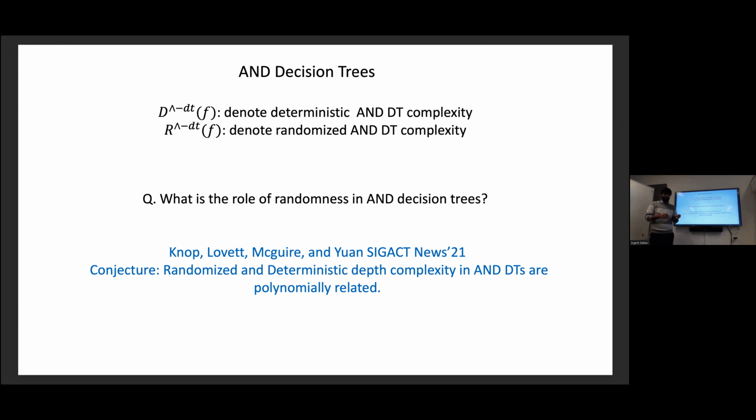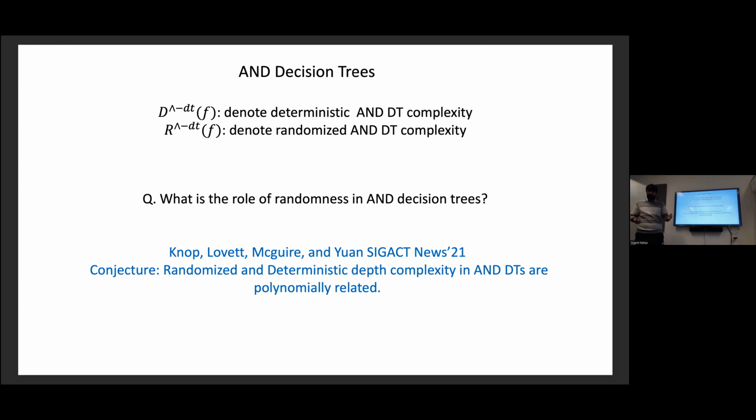Another interesting case in this direction is XOR functions. Take a function, compose it with 2-bit XOR, and ask: can we show that the log rank conjecture is true for this class? We don't know, and the reason we don't know is because we don't know much about parity decision trees. In the paper, you'll see that this question was nothing but a question about AND decision trees.